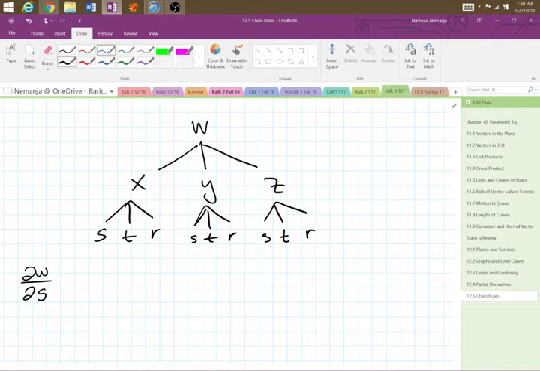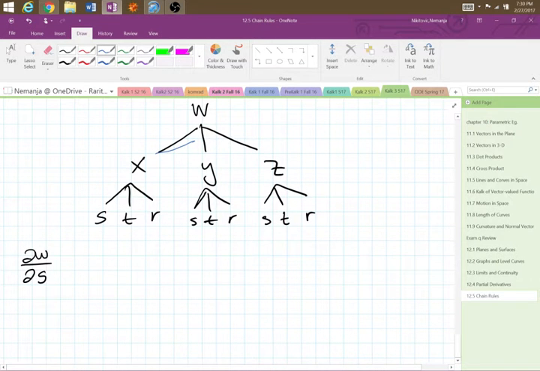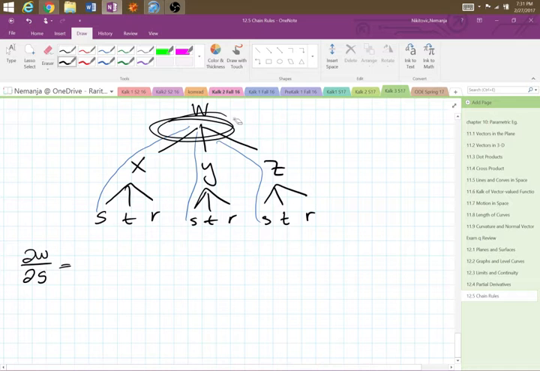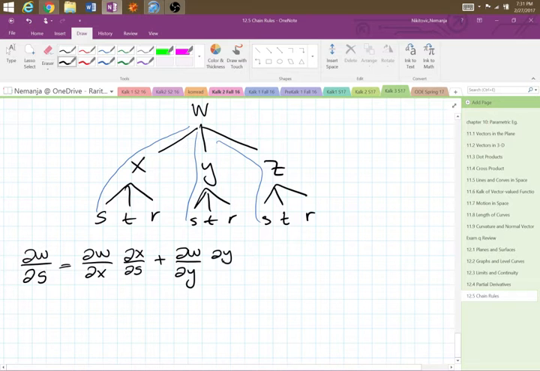So I'm going to go starting from W into S. Since there is a split here, my branches are partial W, partial X, and then partial X, partial S, plus partial W, partial Y, partial Y, partial S, plus partial W, partial Z, partial Z, partial S. So I hope you got that by following the blue line.